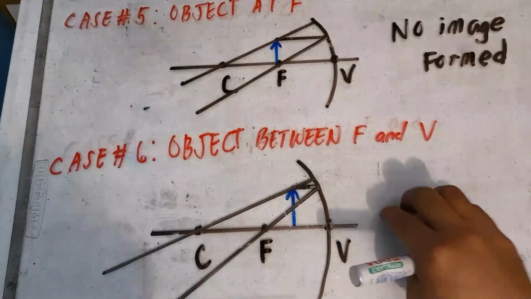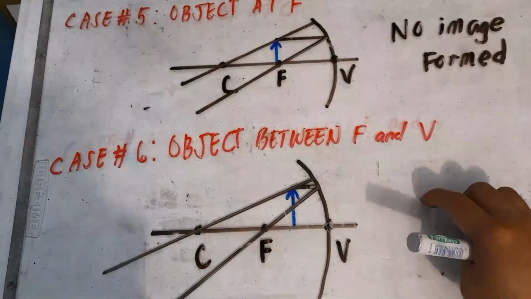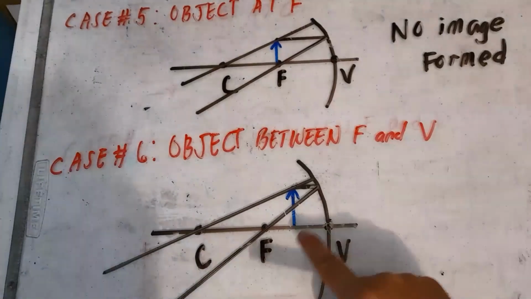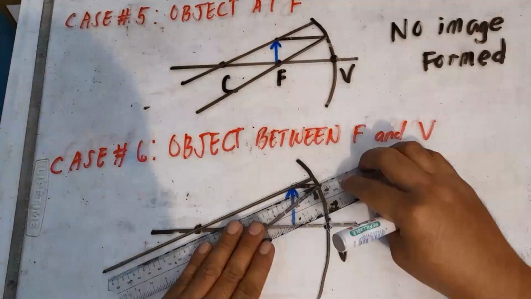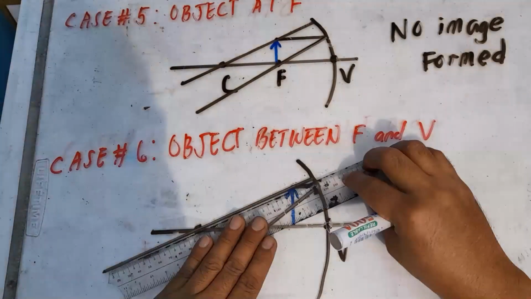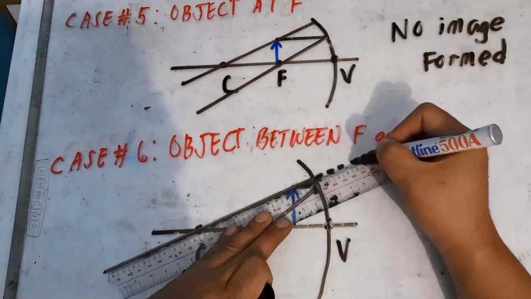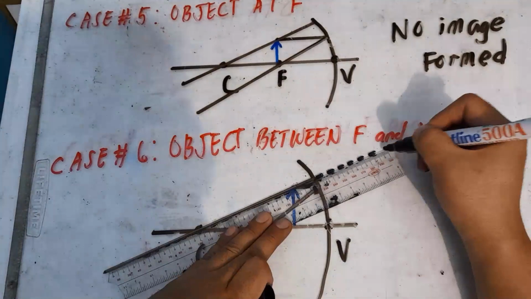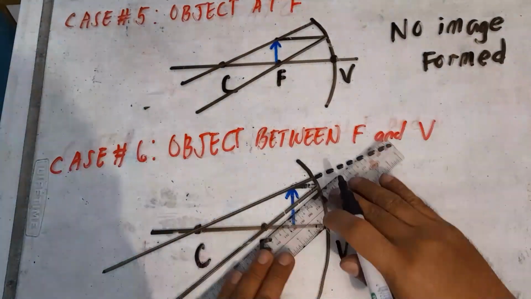So remember that if we are dealing with the virtual side of the mirror, we are not using straight lines. Rather, we are using broken lines. So if we extend these lines on the virtual side, we will be using broken lines to represent that this side is the virtual side, and this one also.